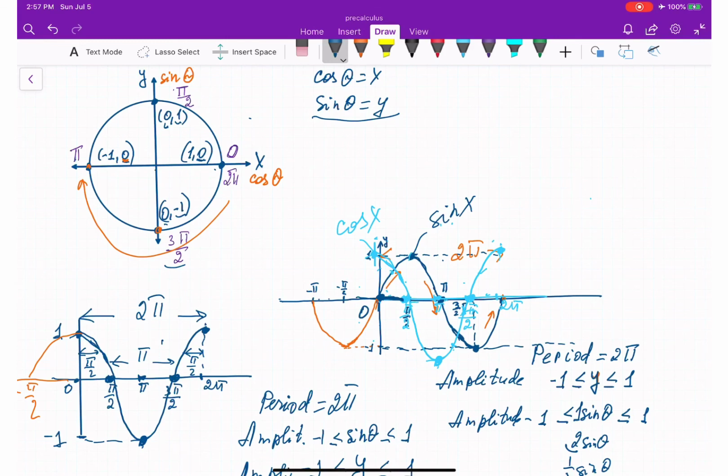Which means if you take your sin x and shift to the left by half a pi, this point will come to this point, so it will become cosine. So from here, I can write down that sin of x plus half a pi is going to be equal to cosine.